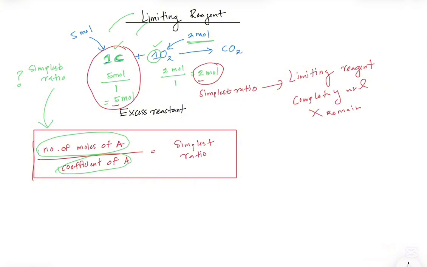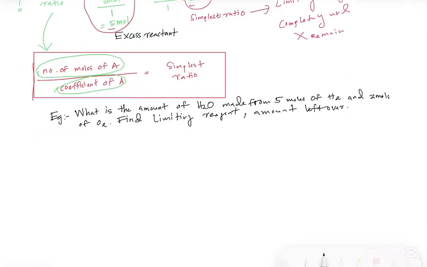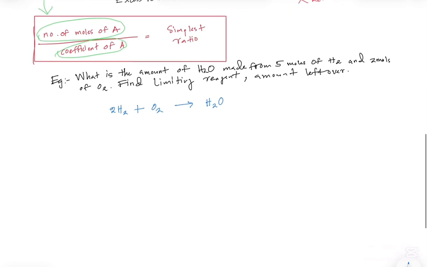Now let me show an example under this. Let's do this question. 2H2 plus O2 will form H2O. This is the equation. Now they have given 5 moles of H2 and 2 moles of O2.